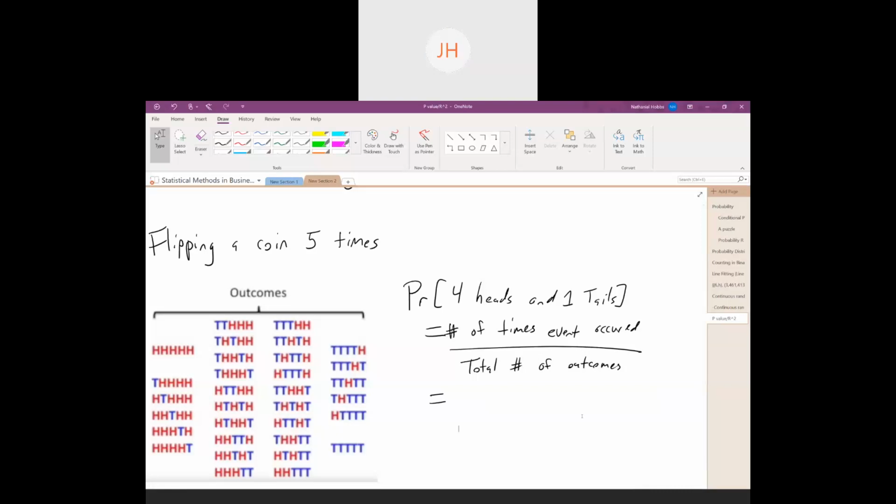Yeah, fewer than 36. 32. Great. 2 to the 5th, exactly. This 32 is 2 to the 5th. And it's 2 because on any one, it's either heads or tails, so that's where the 2 comes from. And the 5 comes because you're doing that 5 times.